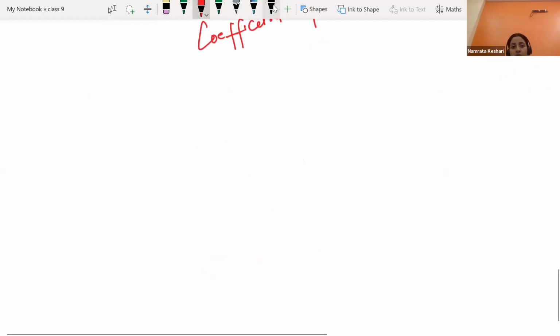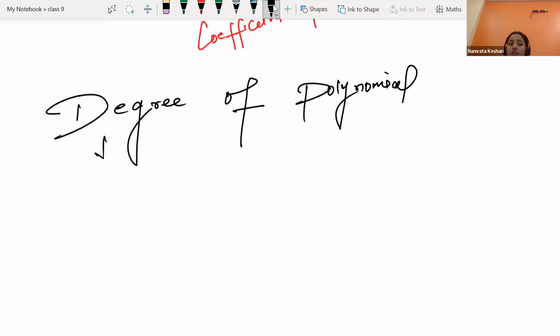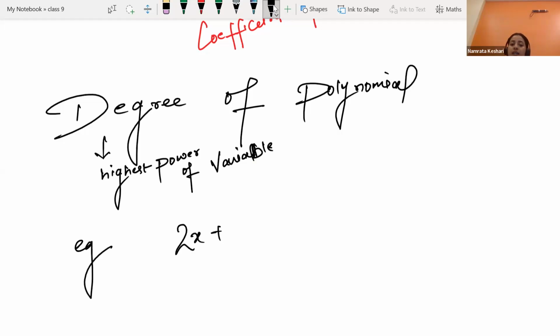Now the degree of the polynomial. Degree means the highest power of the variable. How to identify a polynomial is clear to you. So if I write an example, 2x plus 8x cube minus 7x square, what is the degree of this polynomial?